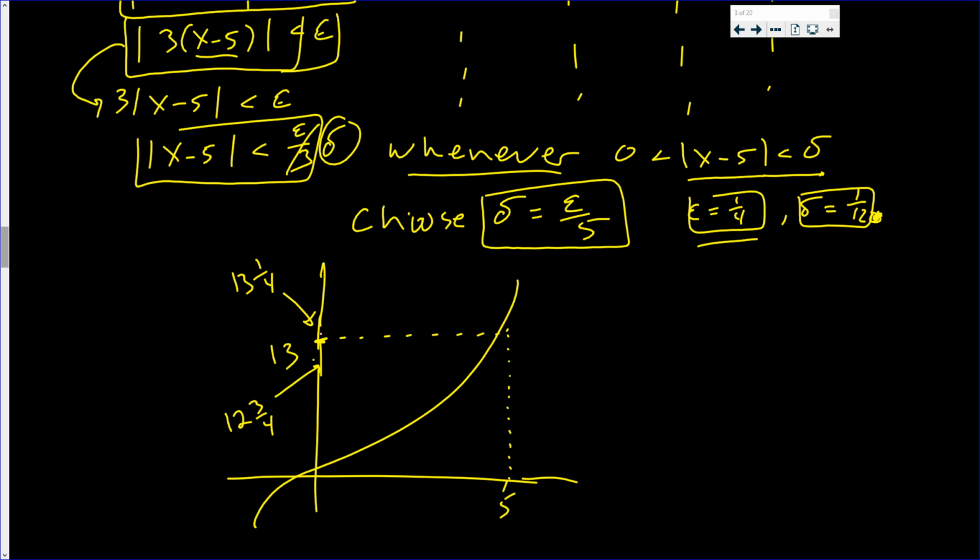If you want to end up in that epsilon region, well then, apparently, let me just fix the graph a little bit, if not a lot.